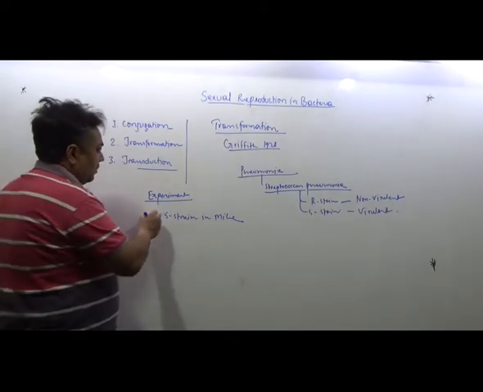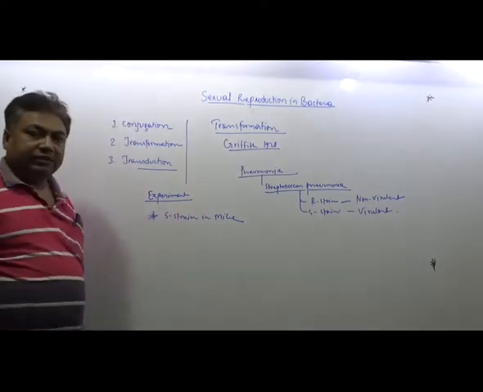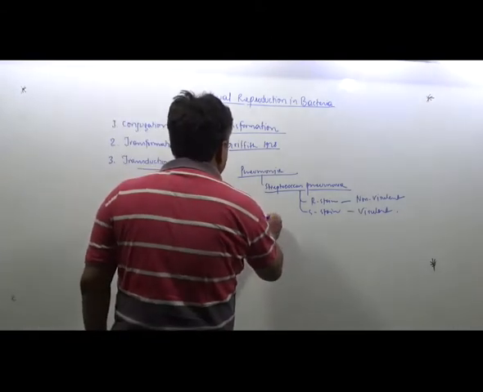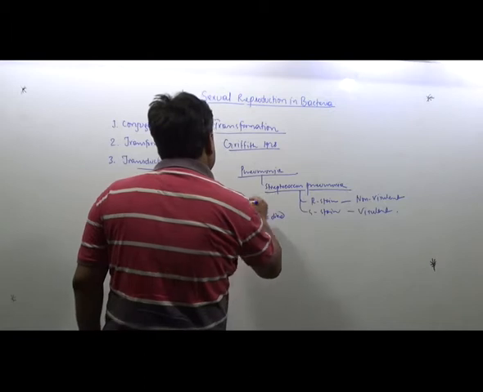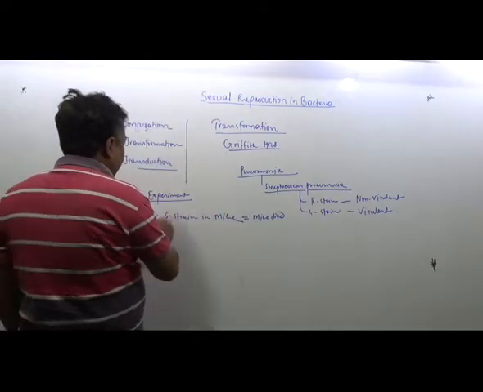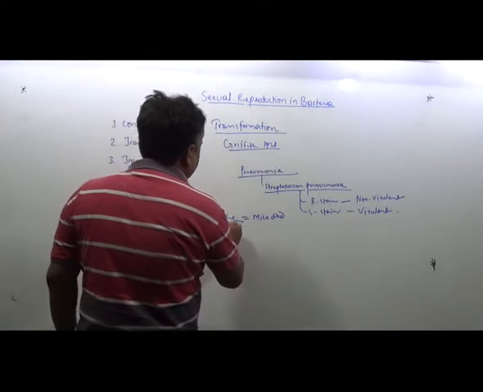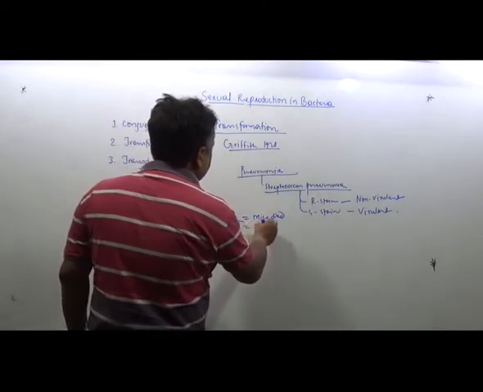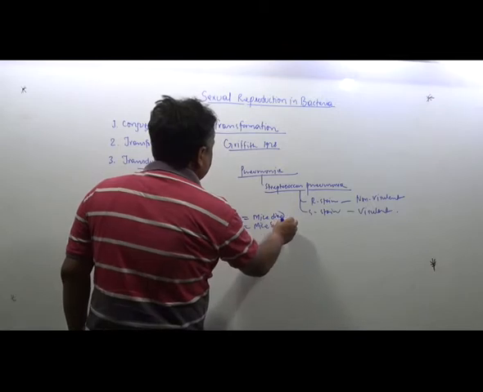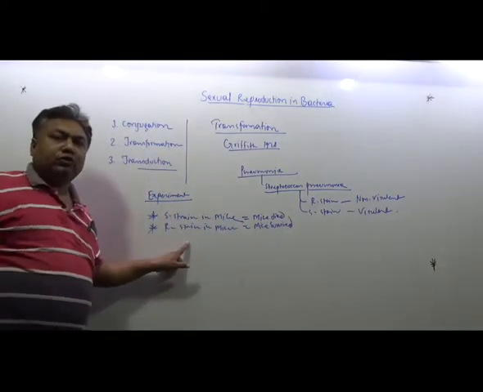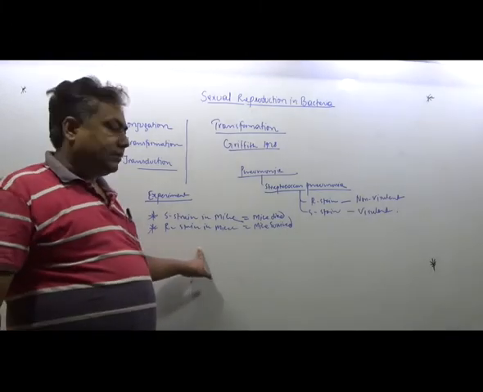Step 1: S strain in mice. Mice died. Injected R strain in mice. Mice survived. That means R strain could not cause disease in mice.